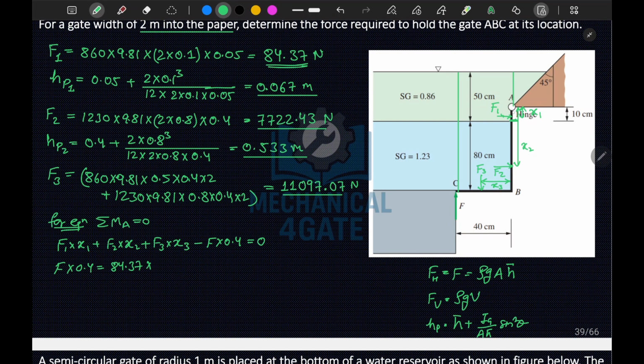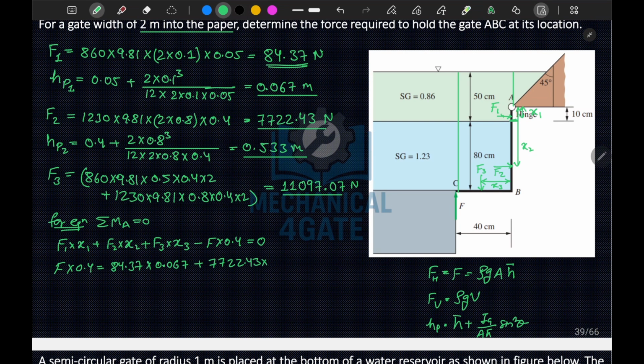x1 will be equal to hp1 only, 0.067. Plus F2 value, which we found out to be 7722.43, into x2.